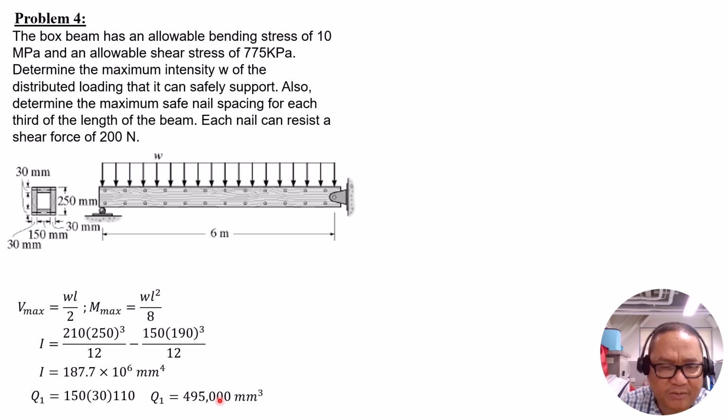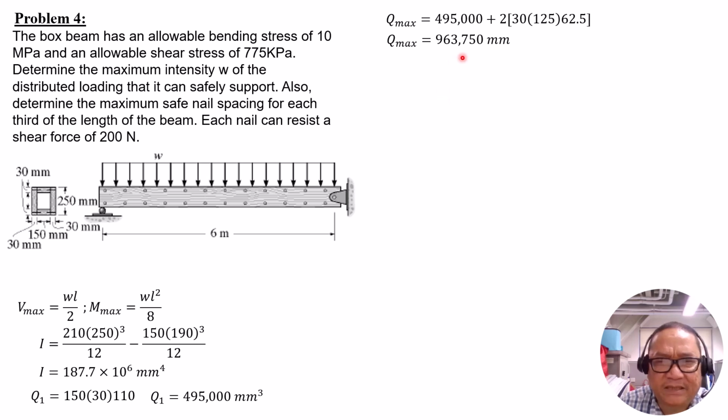So Qmax is 495,000 plus 2 times 30 times 125 times 62.5, the contribution of half of the side sections. So it is equal to 963,750 mm cubed.